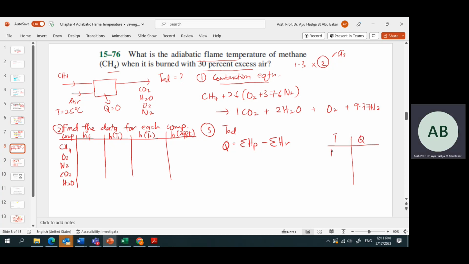Then at the T1 and T2 that you assume, you will get their own heat value. From there, do the interpolation. Okay, step 4, interpolation.